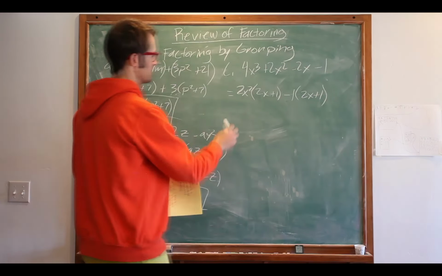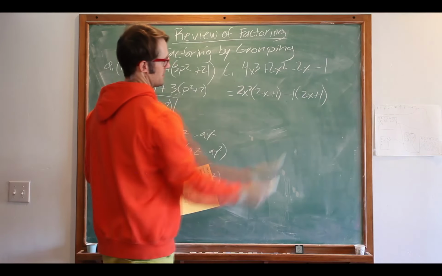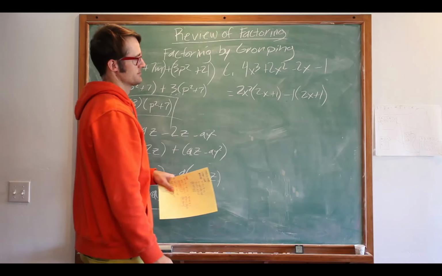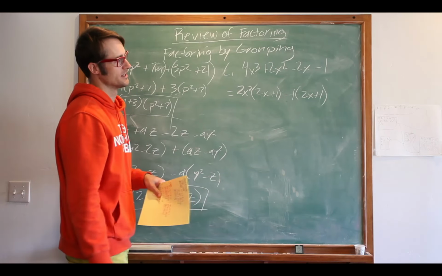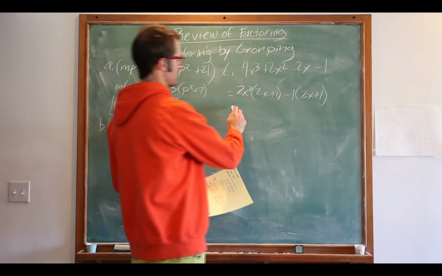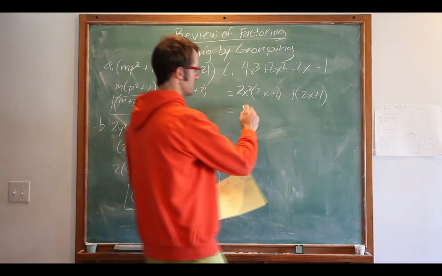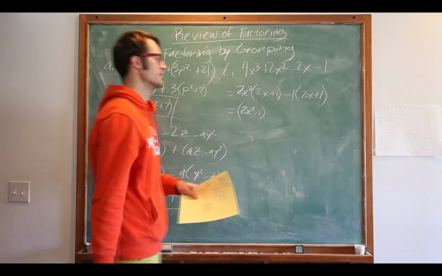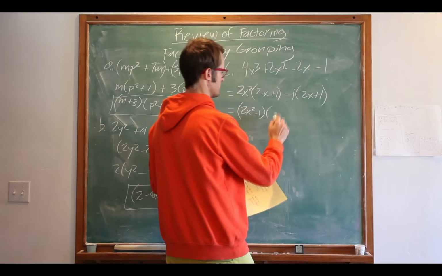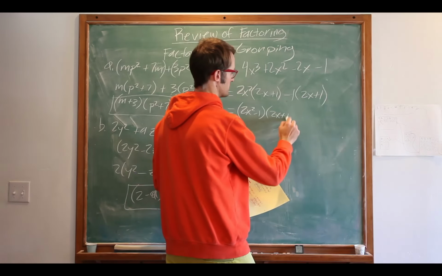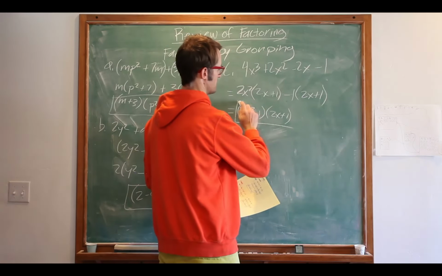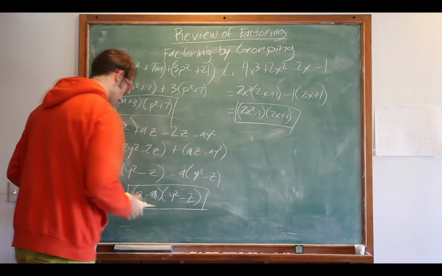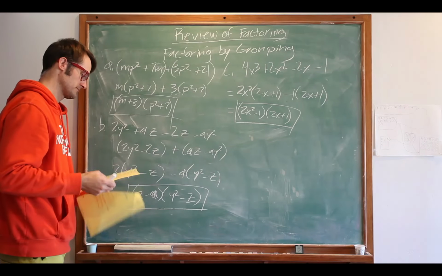Okay, so where we left off was this form right here, 2x squared times 2x plus 1 minus 1 times 2x plus 1. Then we can redo our grouping. 2x squared minus 1 times 2x plus 1. There you go. And that works. Okay.